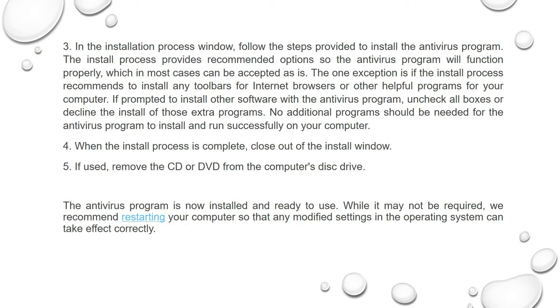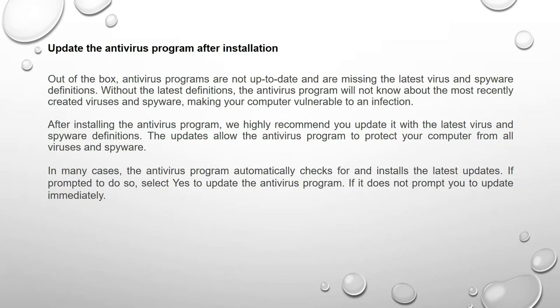Then, in the installation process window, follow the steps provided to install the antivirus program. The install process provides recommended options so the antivirus program will function properly, which in most cases can be accepted as is. Then update the antivirus program after installation.